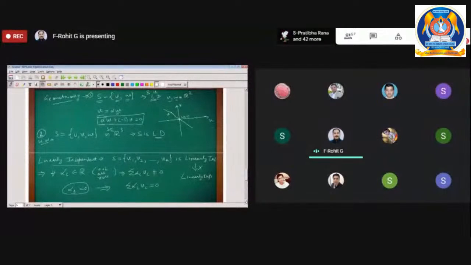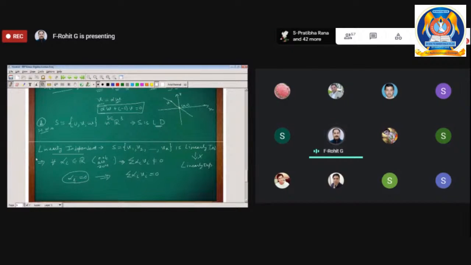So students, I will stop here and let you think on this definition. I will again repeat the definition of linearly independent tomorrow. And this is again a homework: by negating the statement, because linearly independent means not linearly dependent. If our set is not linearly dependent, then it becomes linearly independent.